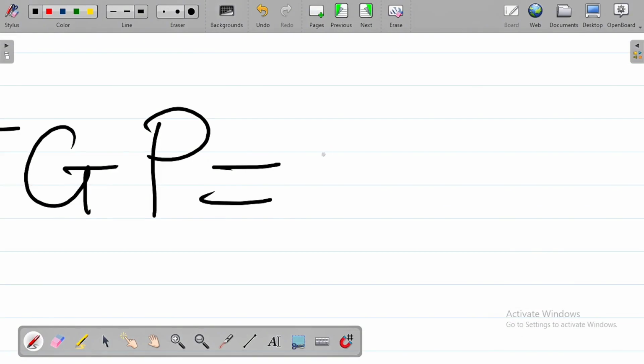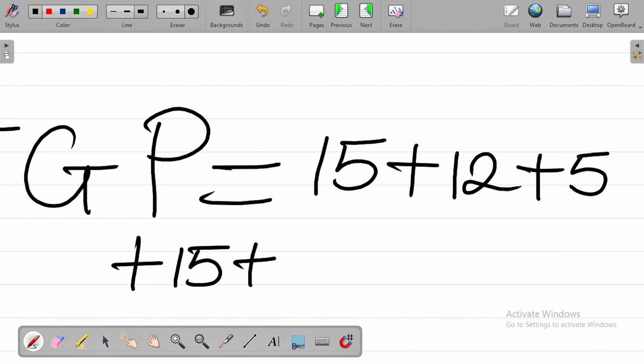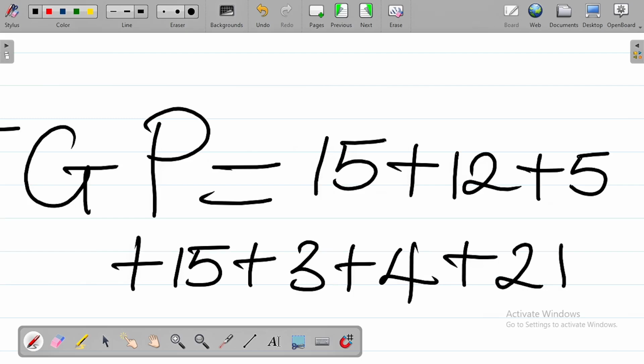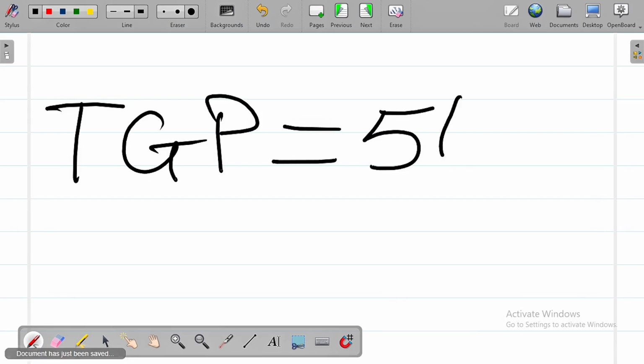So TGP, which is total grade points, is equal to 56.